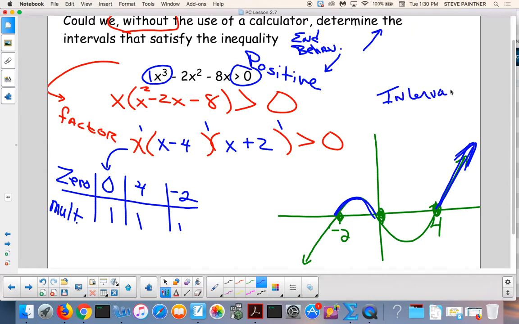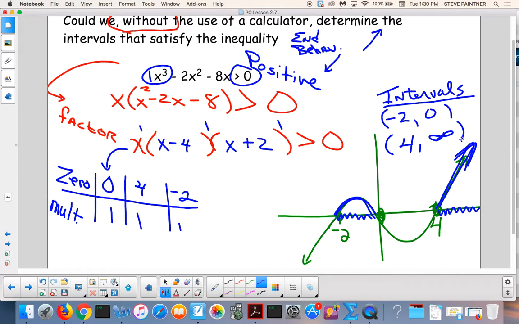Intervals are from here to here, which would be what to what? To 0. Gotcha. And then what? 4 to infinity.